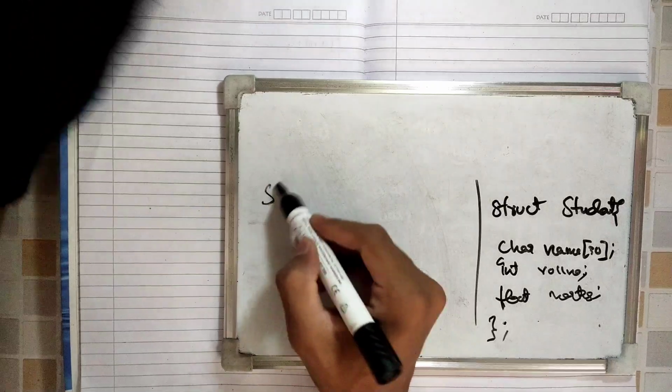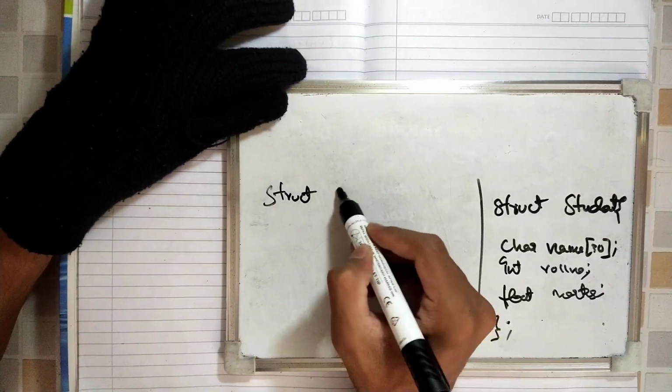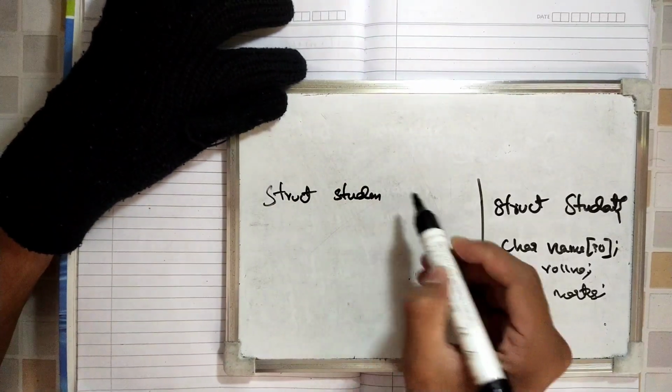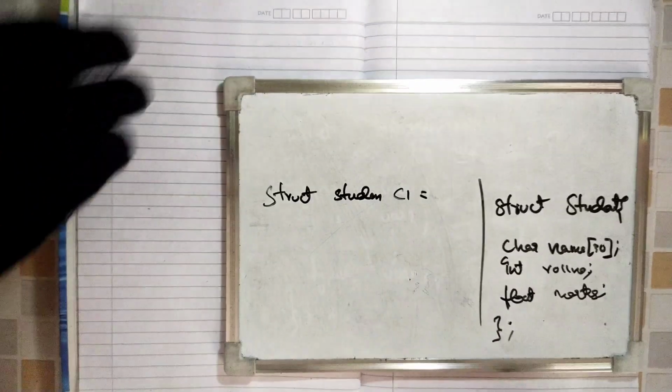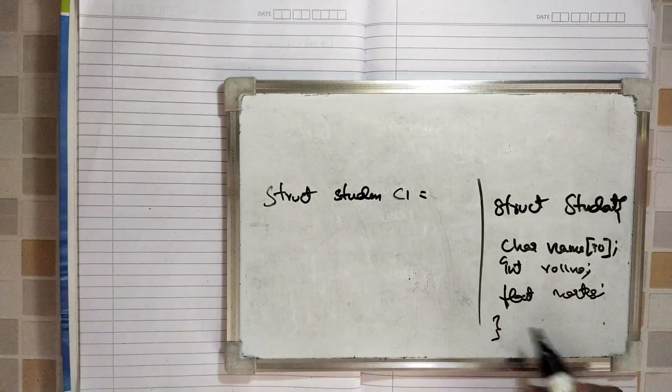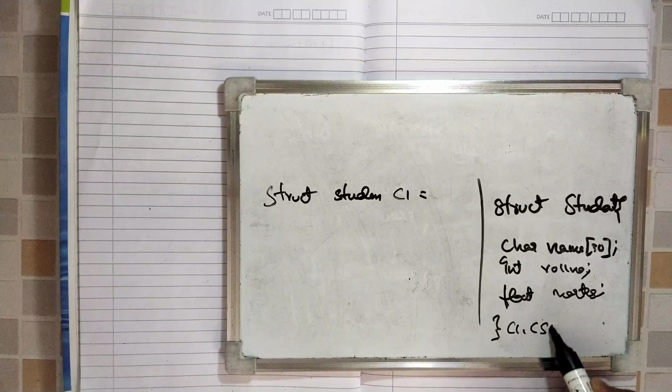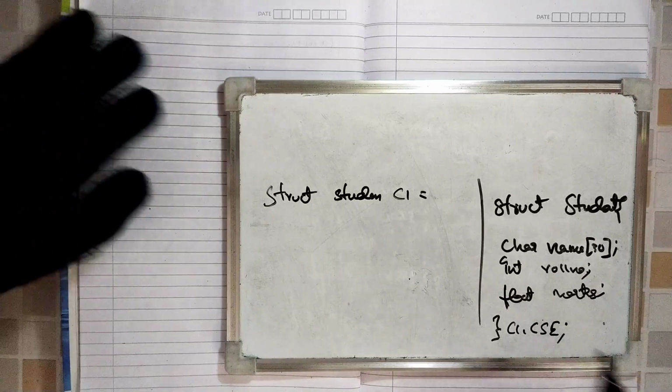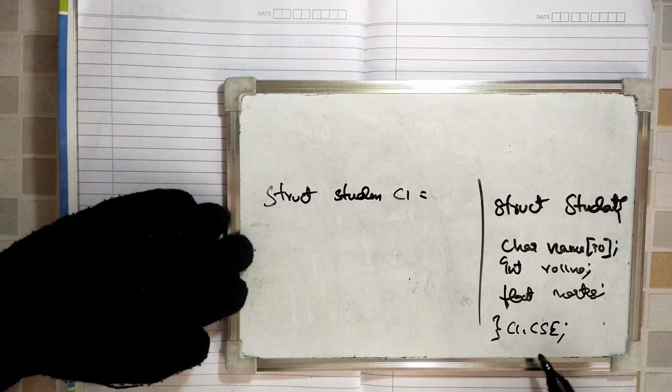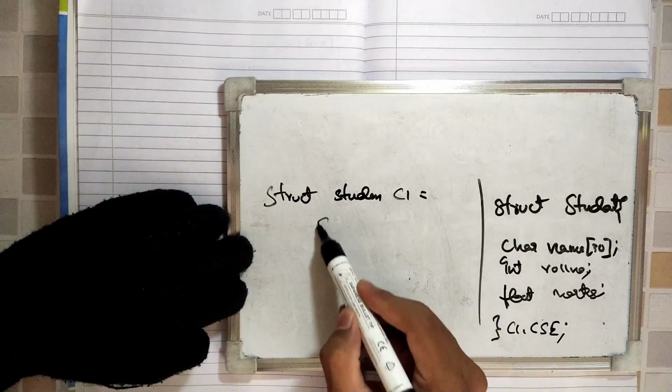Another way is struct student ci is equal to, and in the bracket you write name, roll number, say one, and marks, 100.